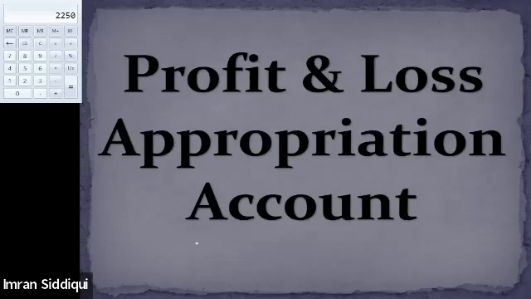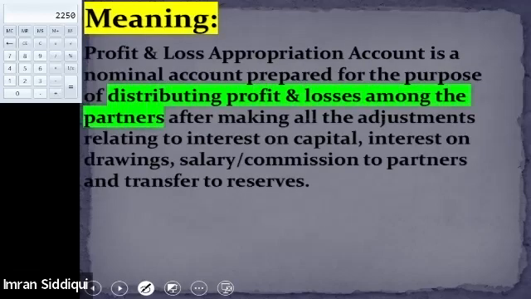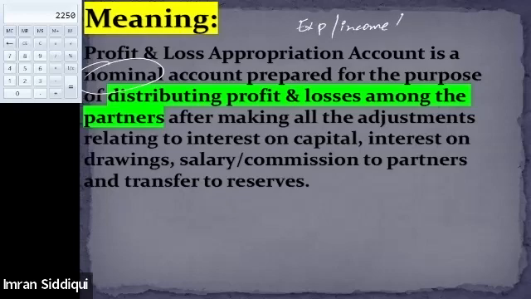No problem. Let me define it. The P&L appropriation account is a nominal account. So what is a nominal account? A nominal account is an account that records transactions related to expenses, incomes, gains, and losses.